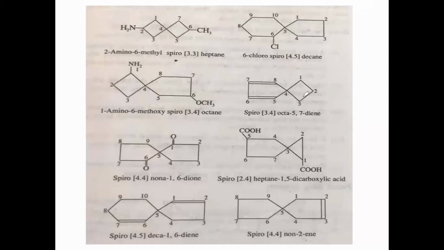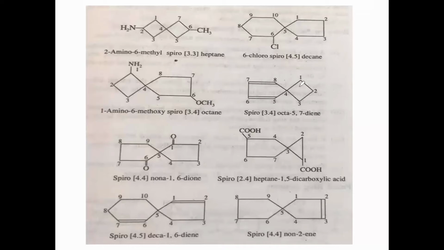So this small one contains 3 carbon atoms and this one contains 4 carbon atoms. After the word Spiro, you will write the square bracket, and in that you will write the number of carbon atoms present in each ring.